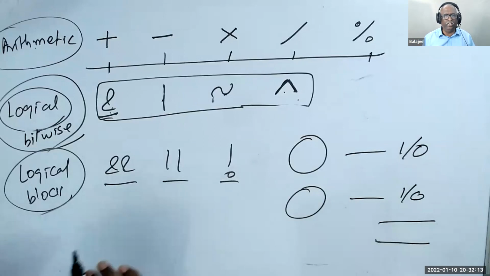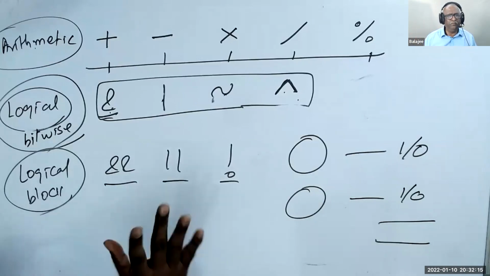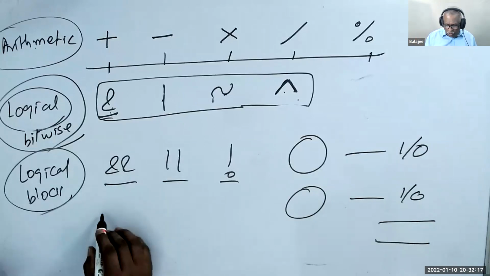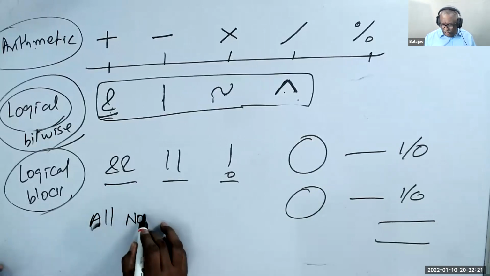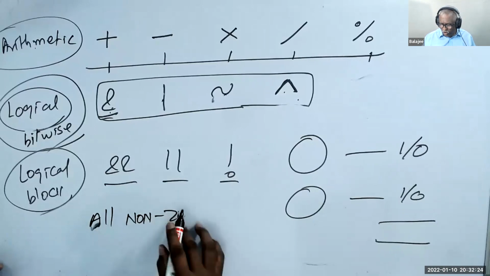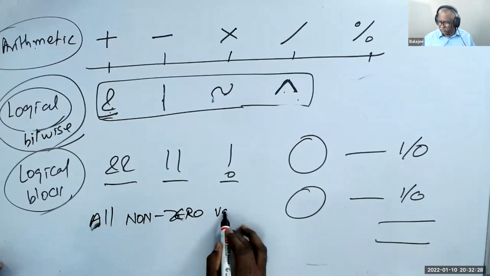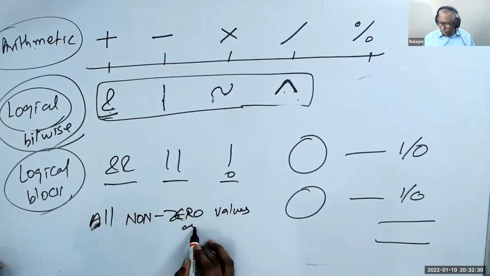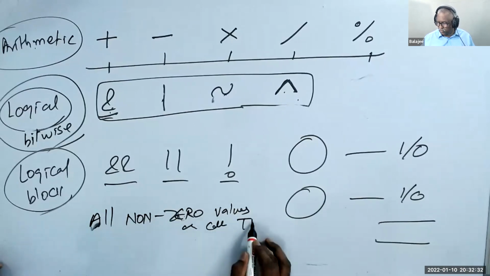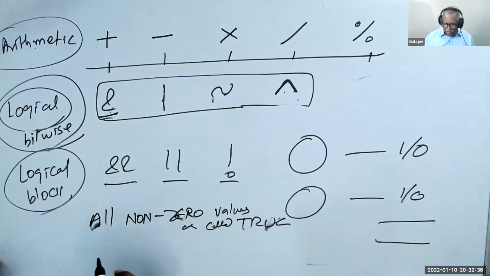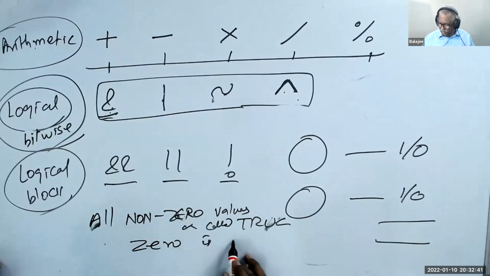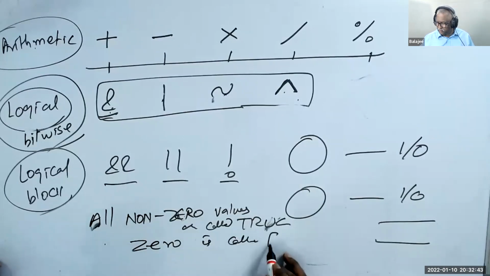I'll explain it to you now. Don't get confused. In C, all non-zero values are called true, and 0 is called false.